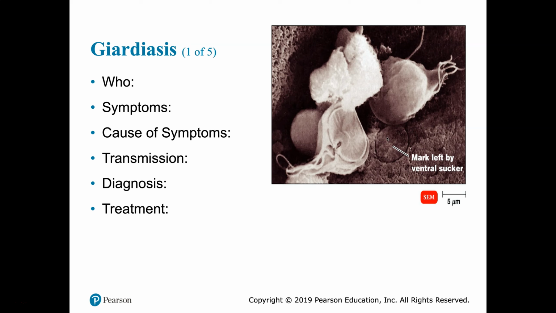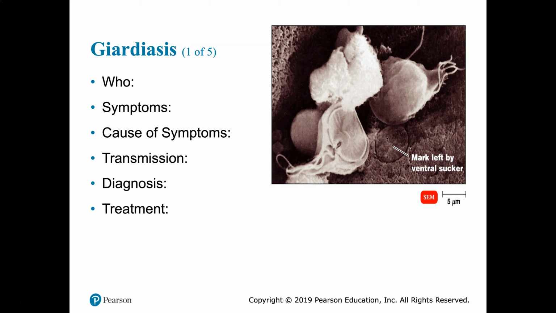Transmission, fecal-oral route. Because it can survive outside a host for a while, also fomites. And one of the problems is, because this is really so pathogenic, you need fewer than 15 cells or so, 10 to 15 cells, to actually establish an infection.